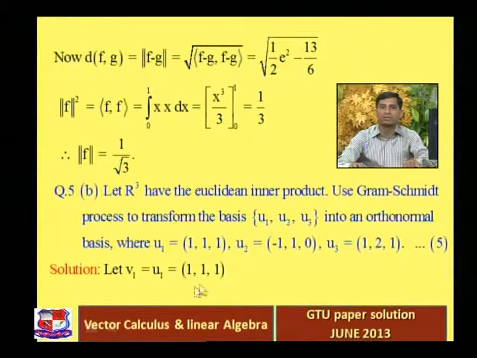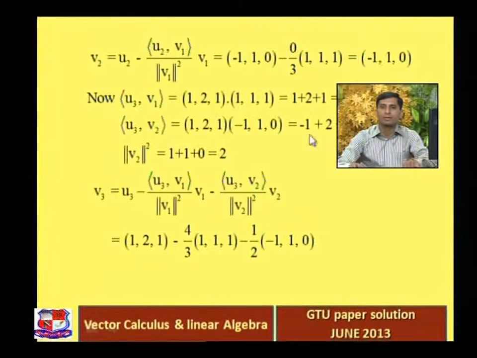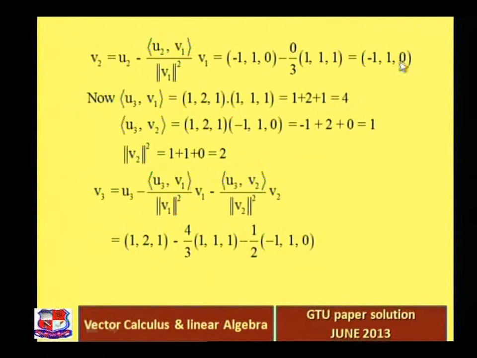What is our v1? This is our v1: 1 1 1. The dot product of 1 1 1 with minus 1 1 0 is 1 into minus 1 plus 1 into 1 plus 1 into 0, that is 0.